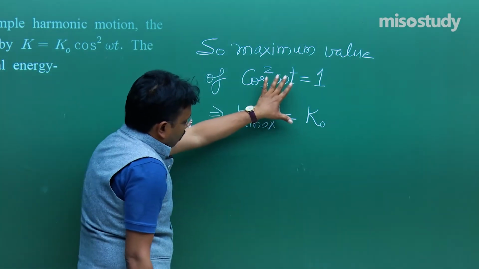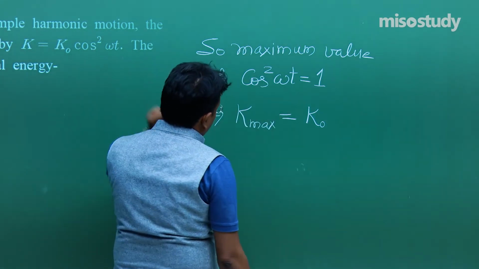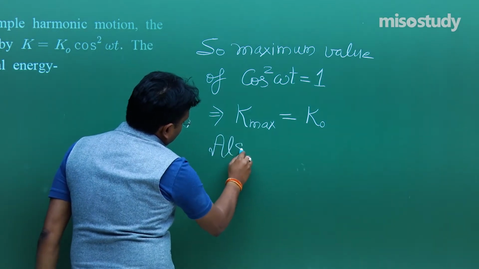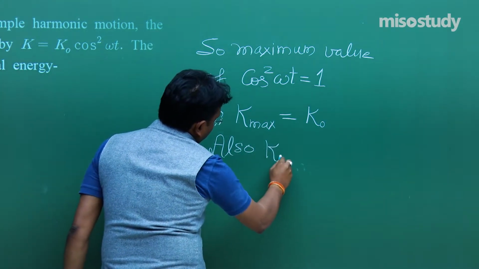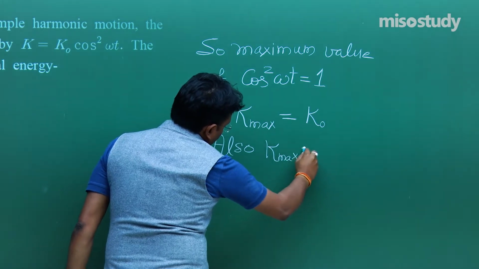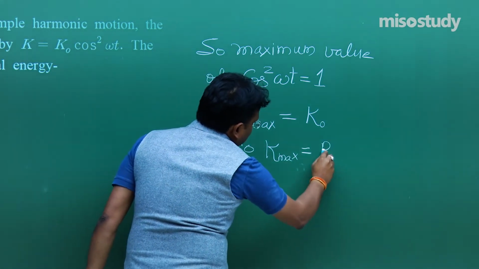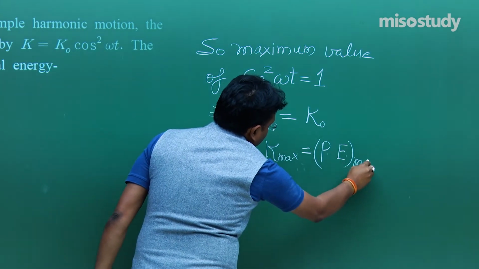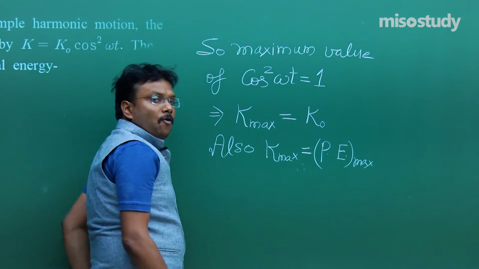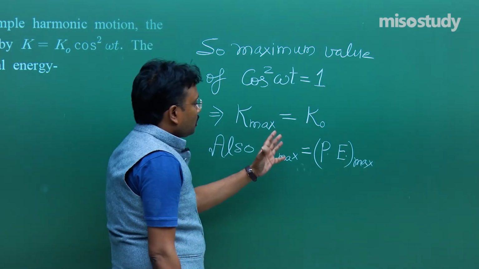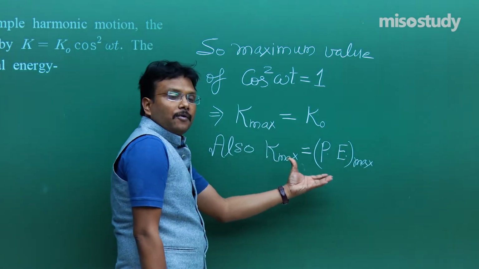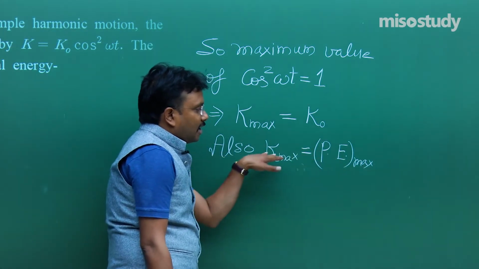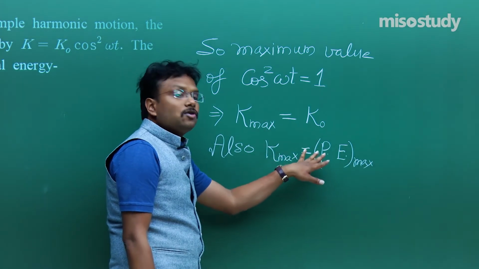Fine. So now I hope this is clear to all of you. Then also K max is equal to potential energy, and that too maximum. Few of you who are not regularly watching our concept videos, our regular lectures, may find this expression slightly difficult, while it is not like that.